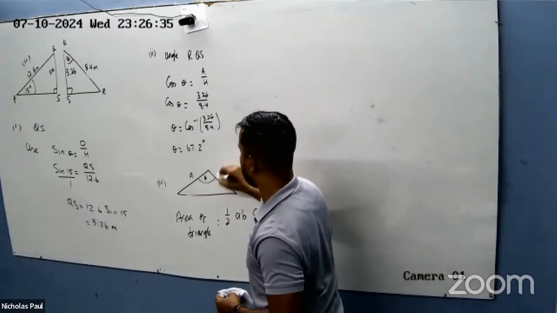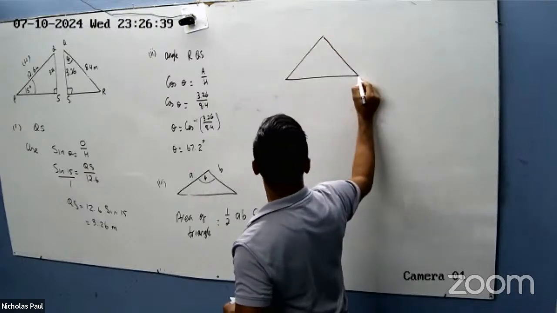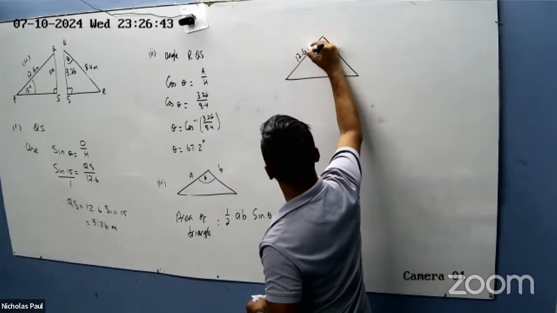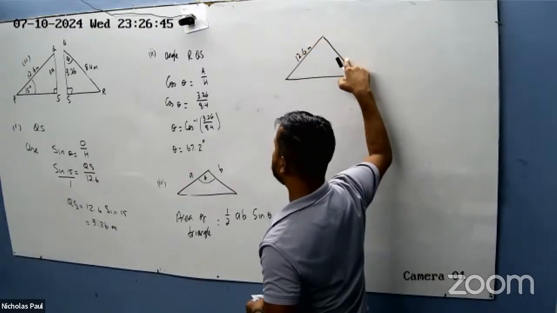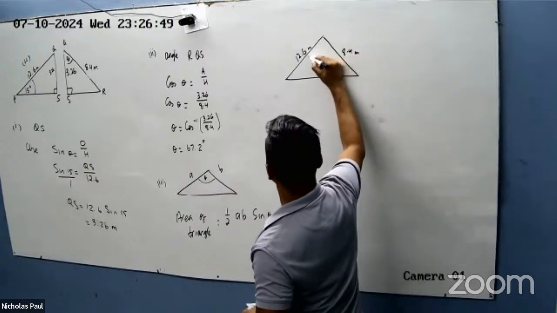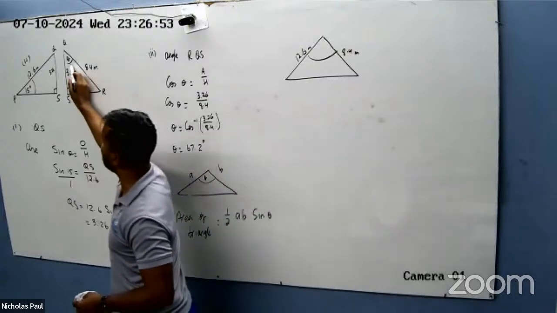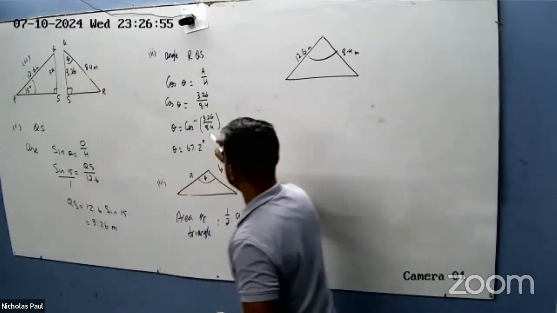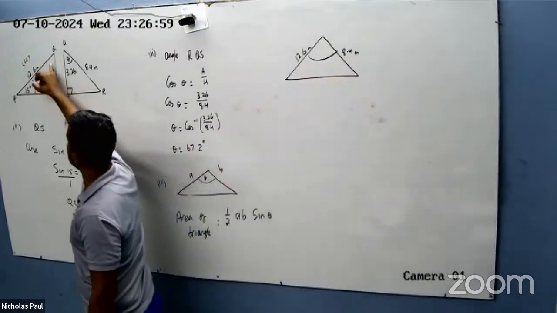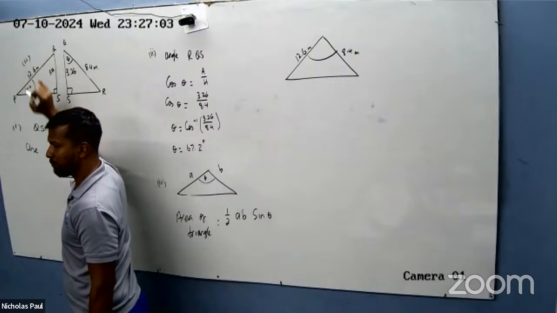Do we have a and b? Look back at the triangle. Do we have a? Yeah, 12.6. Do we have b? 8.4. Do we have the angle in the middle? What's the angle here? The angle there was 67.2. Could you figure out what we have here?